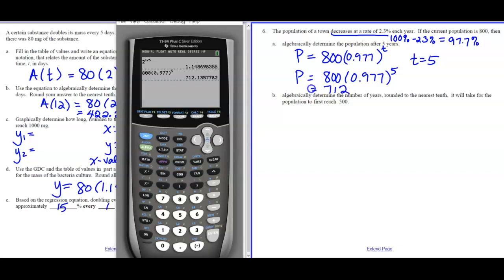Now, it doesn't say what to round to, but if it's a population of people, of a town, so round to the nearest person, 712.